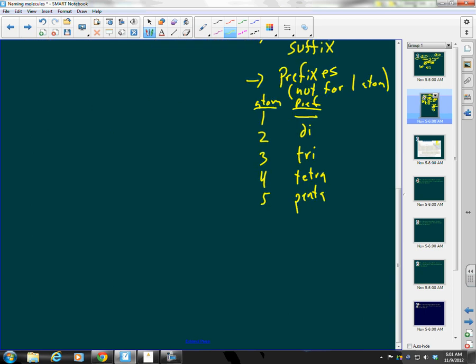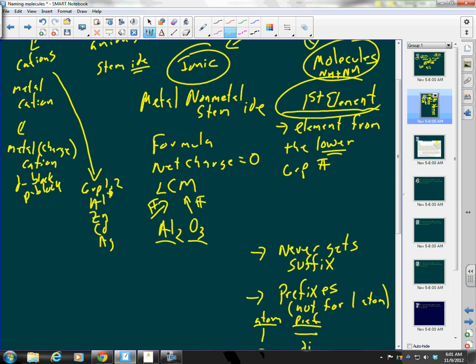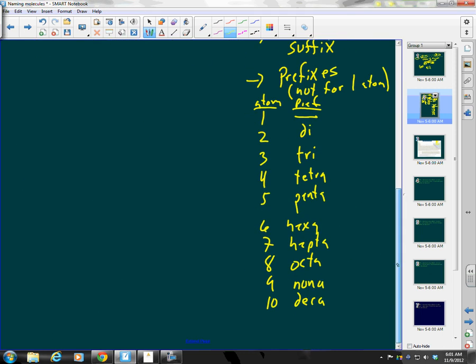Six, hexa. Seven, hepta. Eight, octa. Nine, nona. And 10, deca. So these are the prefixes I would use on my first element.